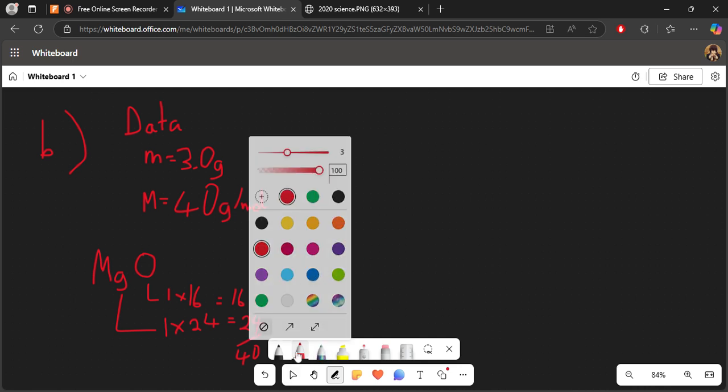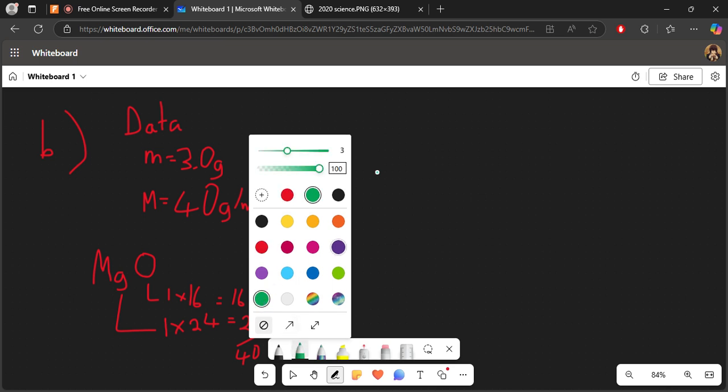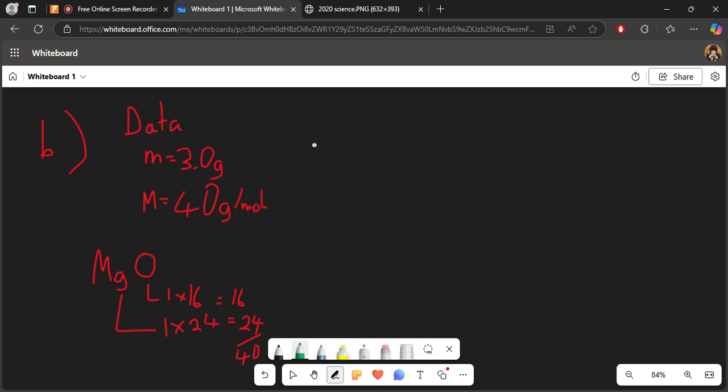Now, let's get on with our calculation. We know that number of moles is the mass over the molar mass.